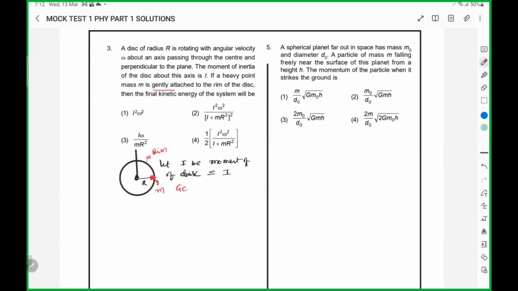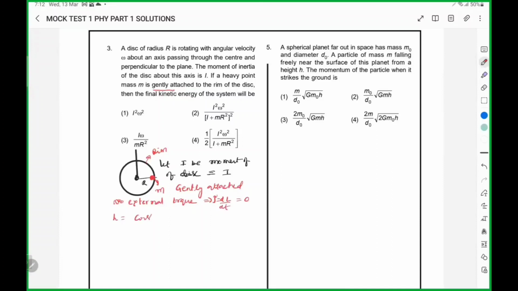The meaning of gently attached: so no external torque, which implies torque is nothing but rate of change of angular momentum, 0.